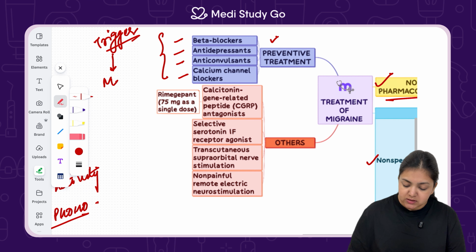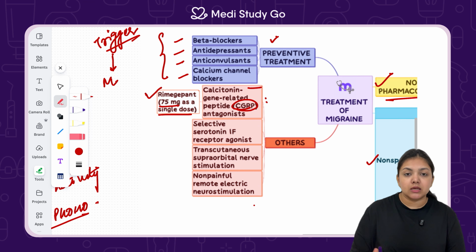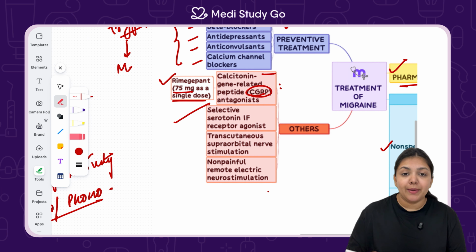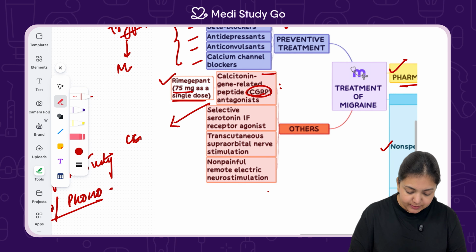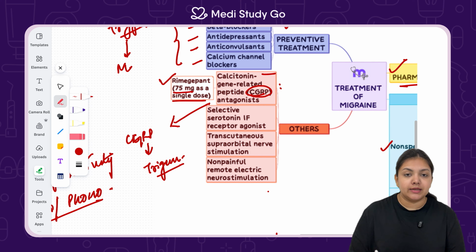Coming to another specific agent which can be used is CGRP, which is calcitonin gene-related peptide antagonist. Example of this drug is rimegepant, which is given as a 75 mg single dose. So what is the benefit of this drug? That CGRP is an enzyme or a peptide which is released at the trigeminal nerve endings when migraine is happening.